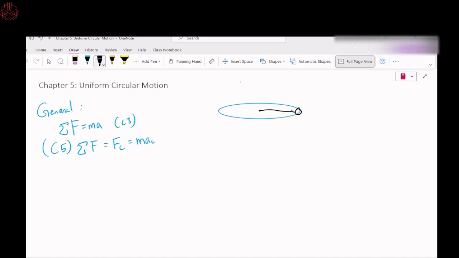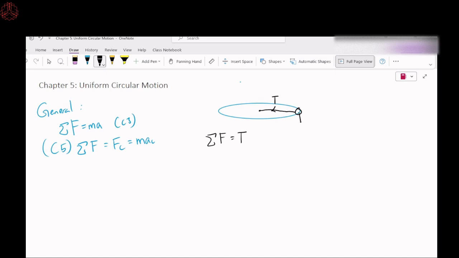What contributes to the path of the object is the tension force. So if I consider all the forces pointing towards the middle of the circle, the only one is the tension force.